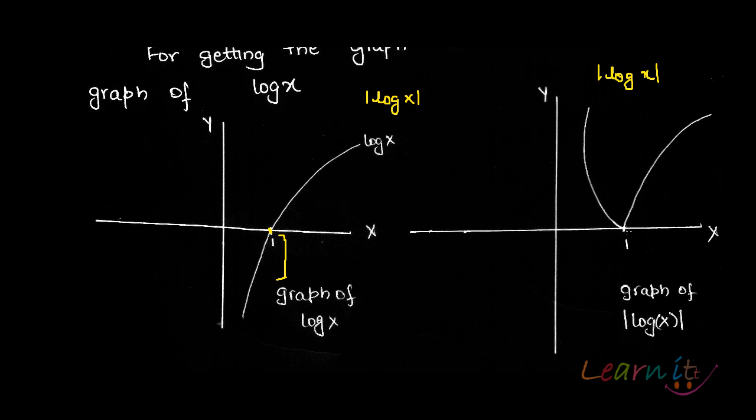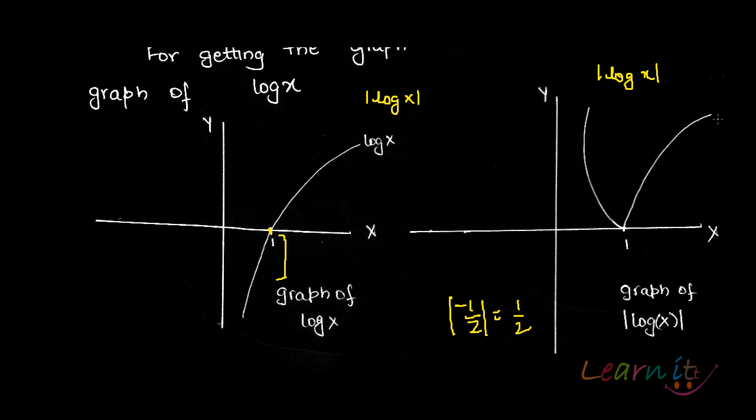So in case I had any negative y, say I had minus half as a value of log, that will turn into half by taking the modulus. So I will have a replica, a mirror image of half out here. The negative will become positive. So you will have a graph something of this sort.